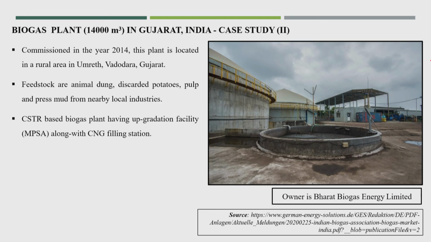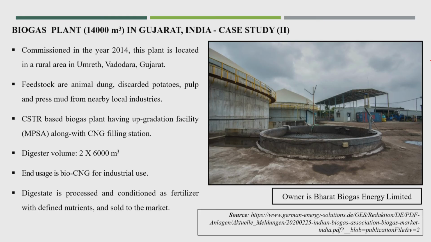along with CNG filling stations. CSTR means continuously stirred tank reactor. So, continuously the feed is stirred into the reactor. Digester volume is 2 into 6000 meter cube, so it is also 2 units each of 6000 meter cube, and end usage is bio CNG for industrial use.